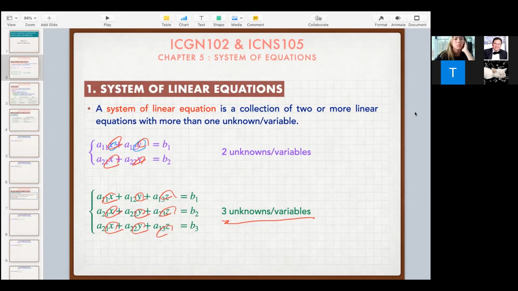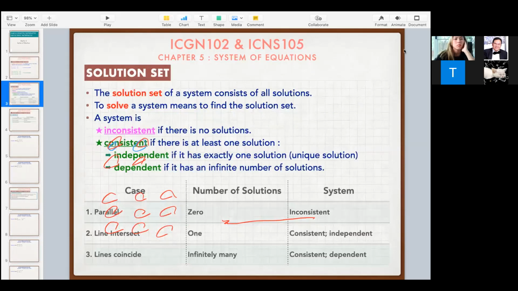So when we have a system of linear equations, in order to solve it, we have to know that there are possible solution sets. The lines can be parallel, so when you plot the graph, it comes into parallel lines.